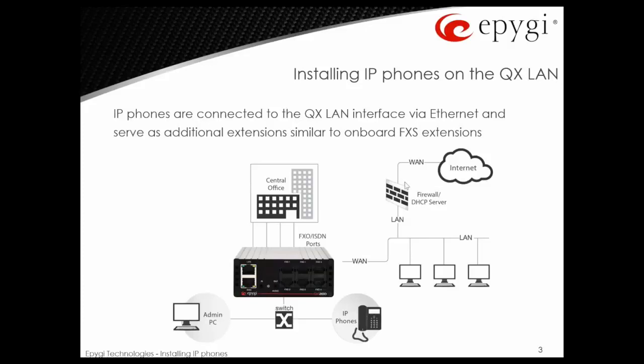The second scenario is very similar. The customer still has the same broadband connection, firewall, PCs, they've got a data network. The QX WAN port is connected to that network, so it can get outside access. The phones are physically connected on the LAN, L-A-N. It has maybe a separate switch, and that's probably the easiest configuration because the phones will get an IP address from the QX, and it works real well that way.